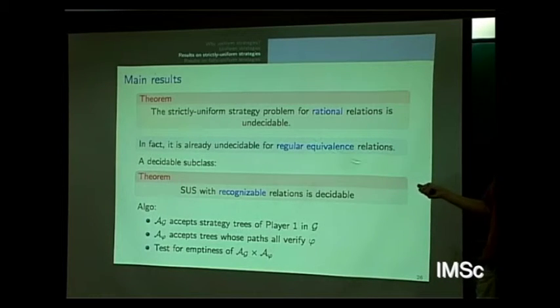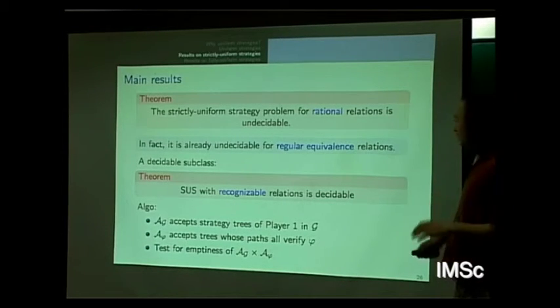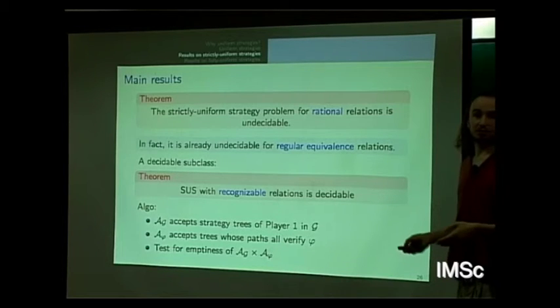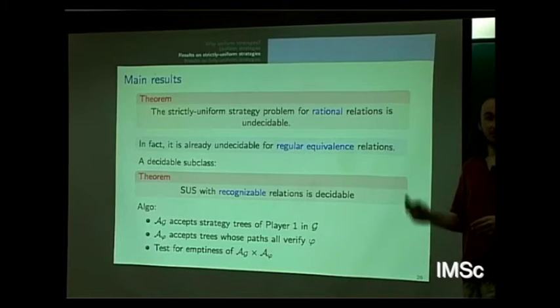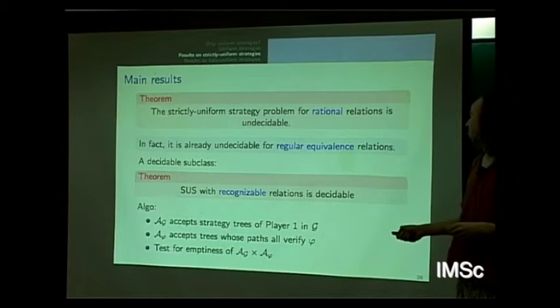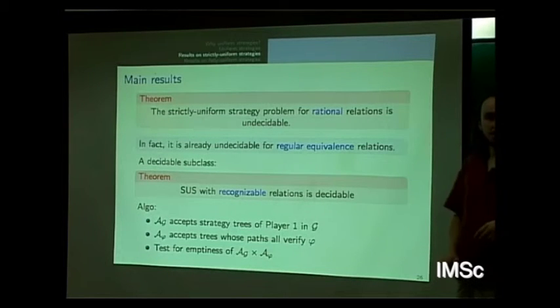So it's quickly undecidable. But if you restrict to recognizable relations, then the problem is decidable, and I will show how. The basic idea is this classic automata approach to solve, for example, LTL games. You build from the arena a tree automaton that accepts strategy trees of player 1.